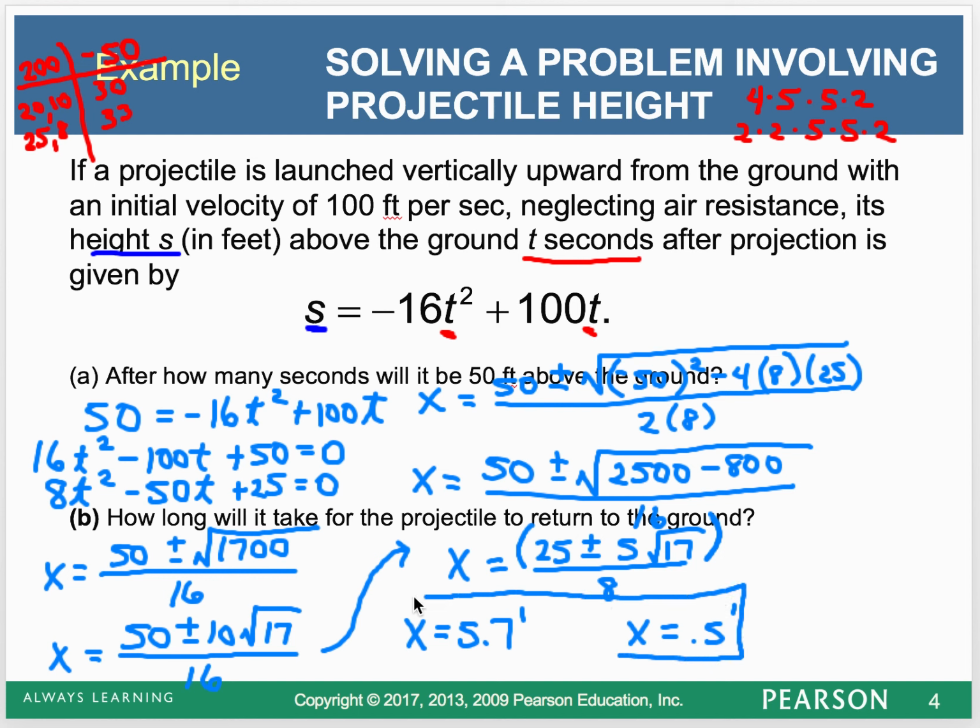So you might be asking, why do I have two answers in this one? These are both perfectly valid. Think about what happens when you shoot a projectile up into the air, and then it's going to come back down. Okay, so let's say this is 50 feet above the ground.